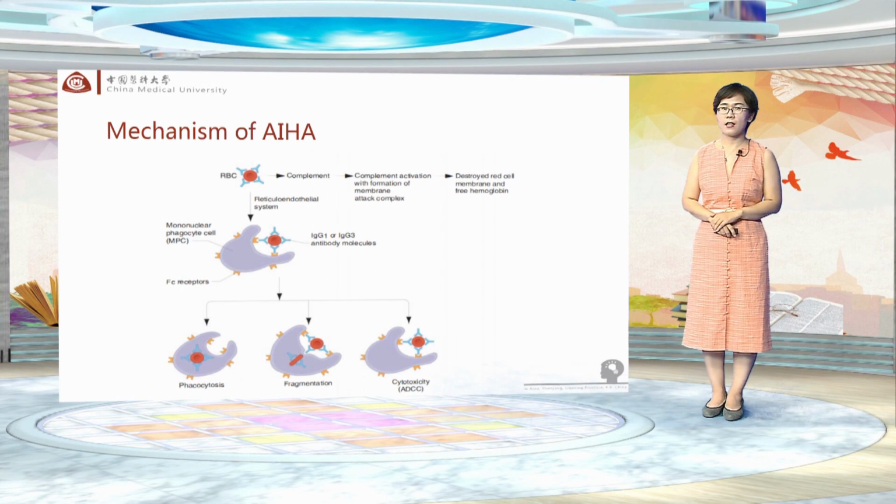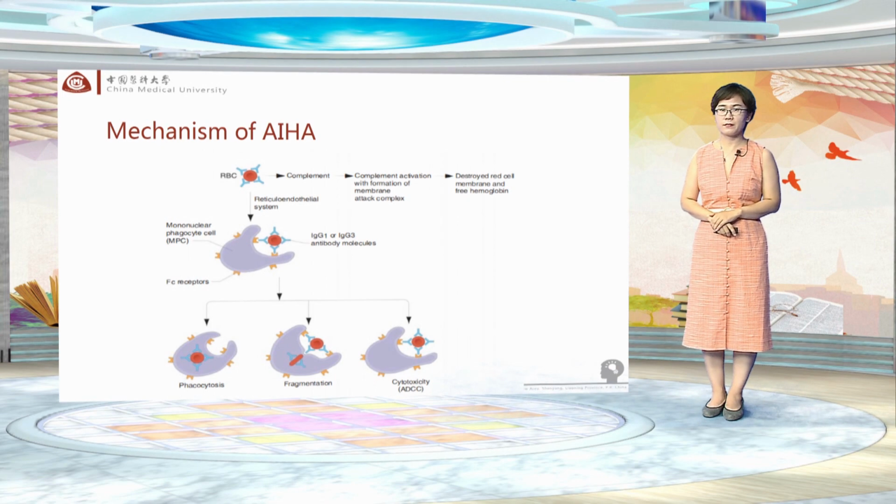Spherocytes are less deformable than normal red blood cells and become trapped in splenic sinusoids, further extending the time during which phagocytosis can occur. So, the spleen is the predominant site of red cell destruction.